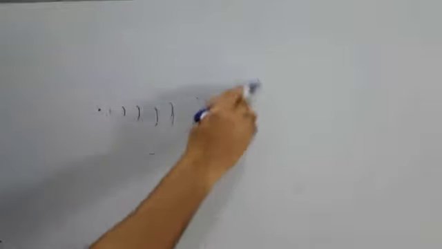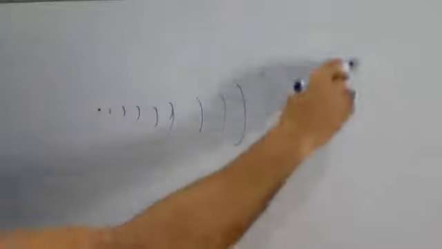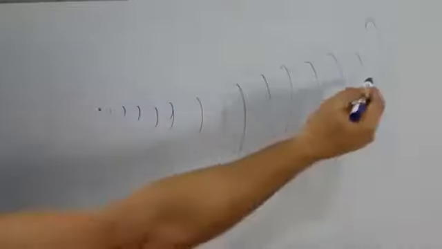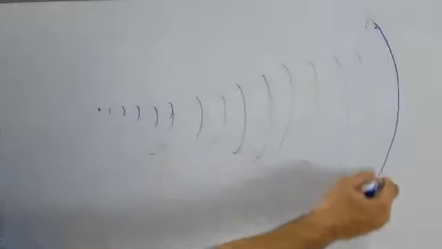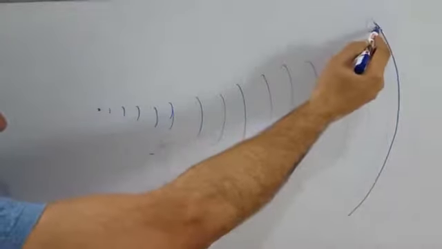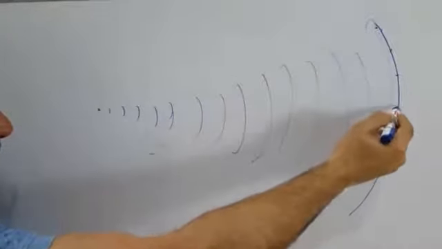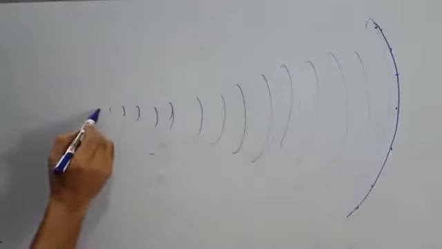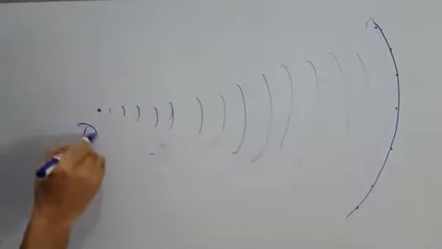Another is what? Suppose a wave is emitted from this point in this direction, then what happens? It keeps on spreading out in space, and suppose it reaches this point. Here are different points on this wavefront. Suppose this is a photon.